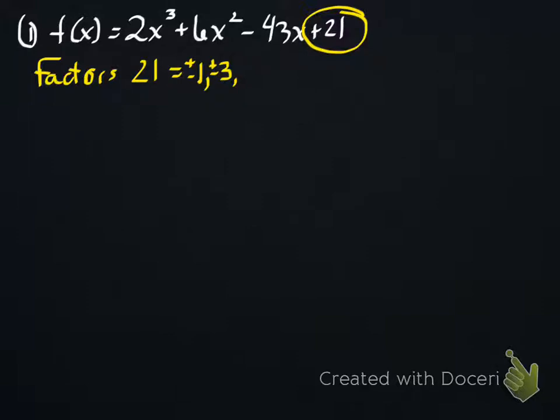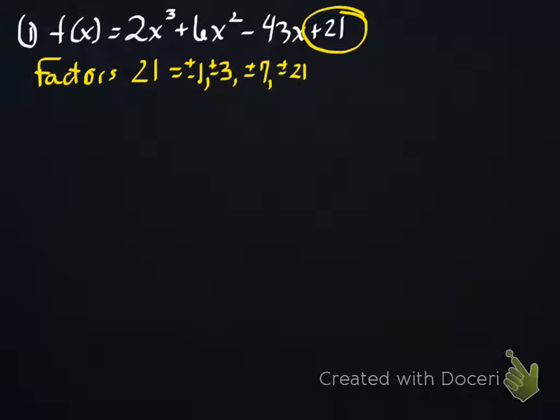Can 4? 5? 6? 7? 8? 9? 10? 11, 12, 13. Next one's going to be 21, you think? If you don't know, you go through each one like I just did. So you do the factors of your last term.